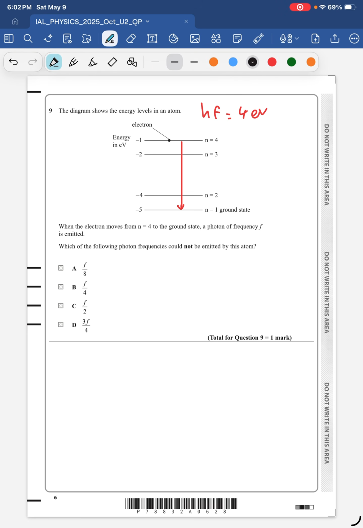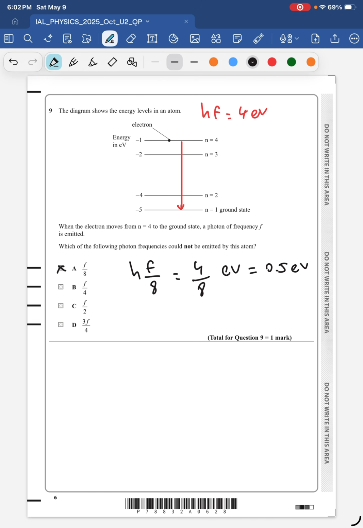Now, which of the following photon frequencies could not be emitted by this atom? To have a frequency of f over 8, we'll need h times f over 8 to be equal to 4 electron volts over 8, which is 0.5 electron volts. So that's the wrong answer, immediately.